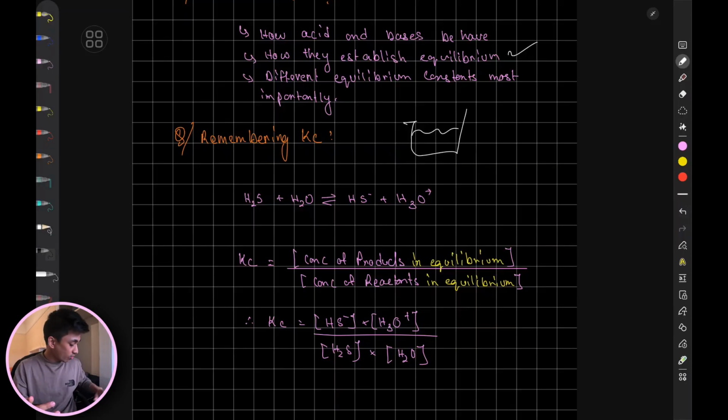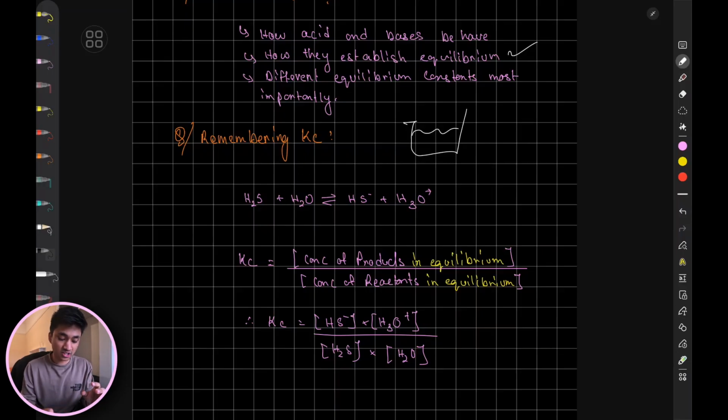Amazing. Let's look at one of the examples, that is H2S, a sulfide type of substance, and you have water. What will happen here is one of them is going to act like an acid, the other like a base.